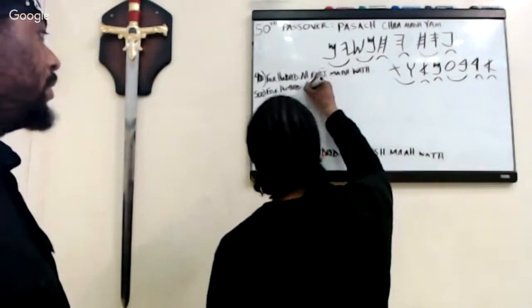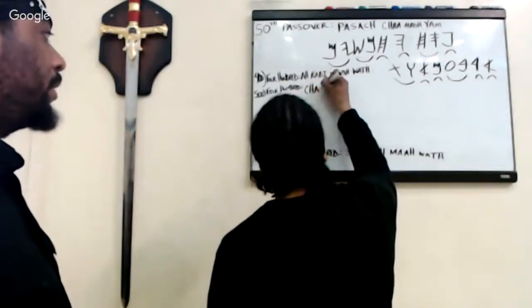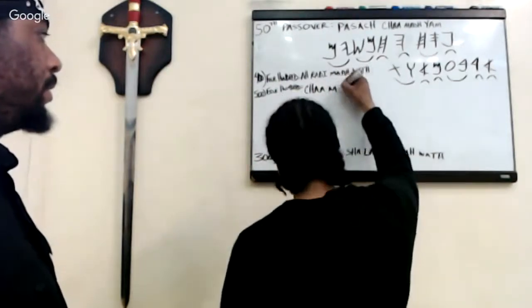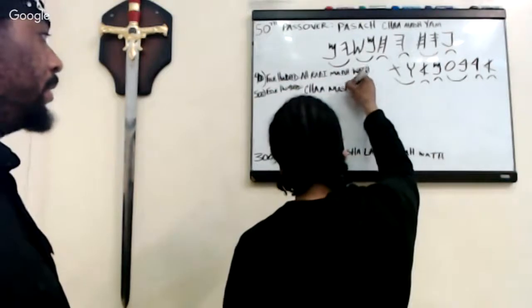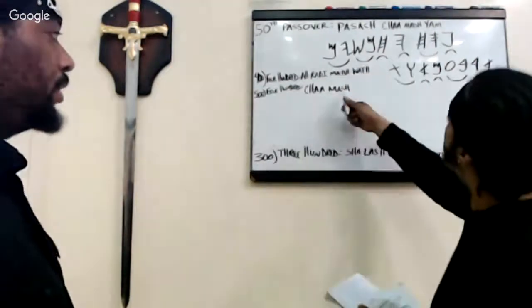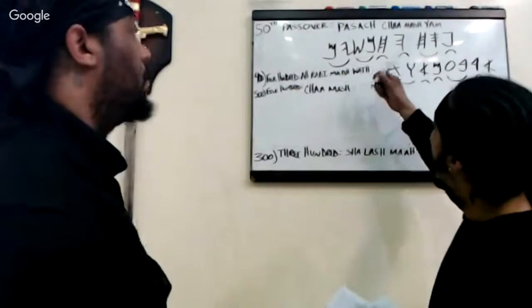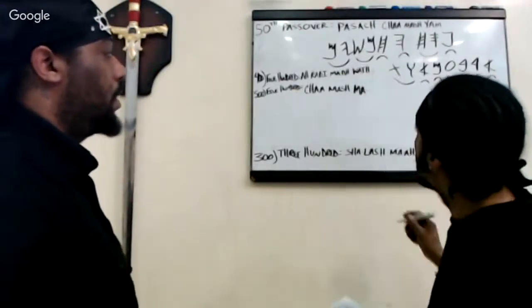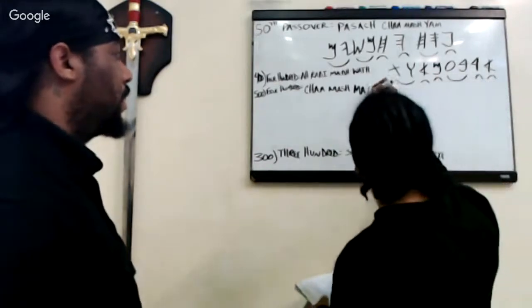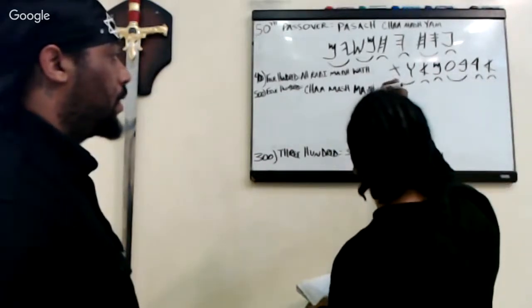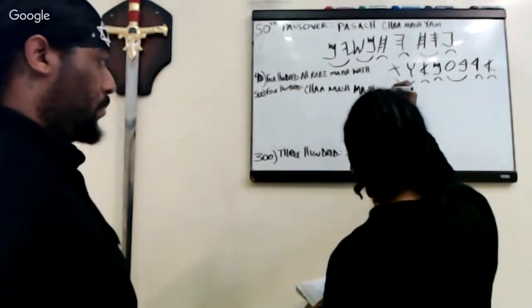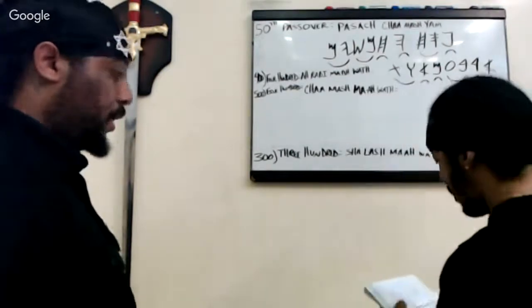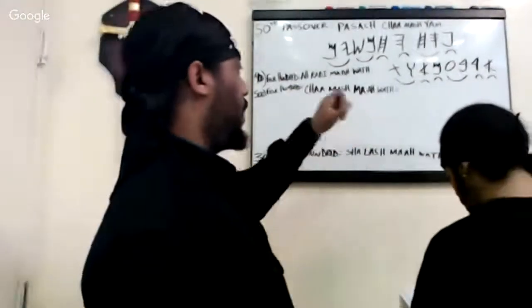So, okay. Ma. Kama. Excellent. Chamesh. Ma'ah. Waf. Right. Okay, so now, writing it out in ancient print.